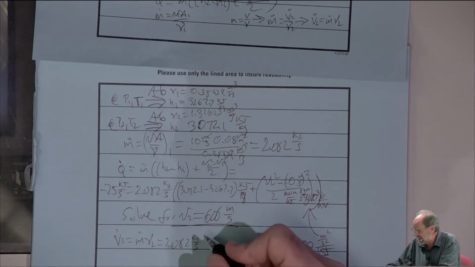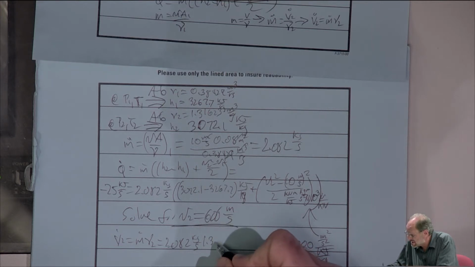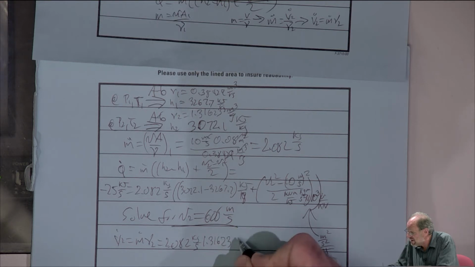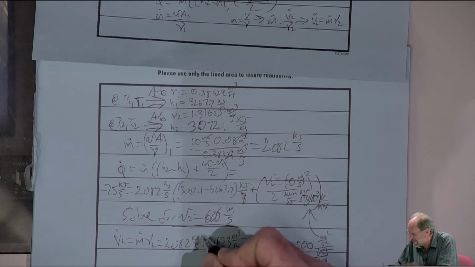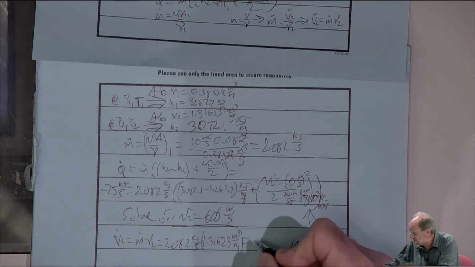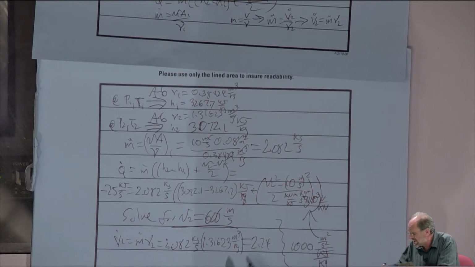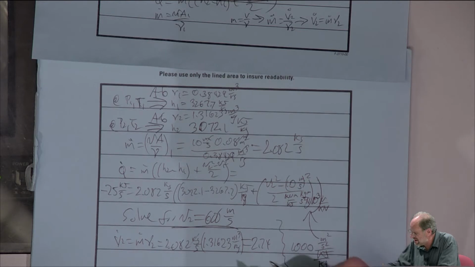And again, we're finding the exit velocity, so we need the exit specific volume, so times 1.3162 meters cubed per kilogram. And we go through this and we end up with 2.74. Let's see, meters cubed per second, which is correct.